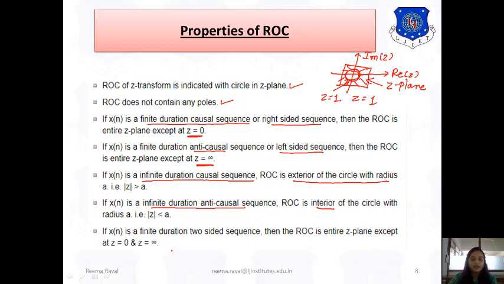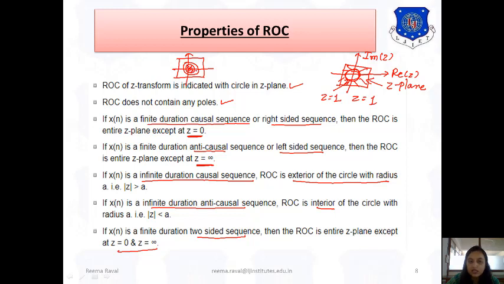Okay. And the last property is, if X of n is a finite duration two-sided sequence, then the ROC is the entire Z plane except Z equals 0 and Z equals infinity. That means now it will plot a ring. It will be something like this. So for that we are going to consider a plane, and if it is a two-sided sequence, it will have the range of this.